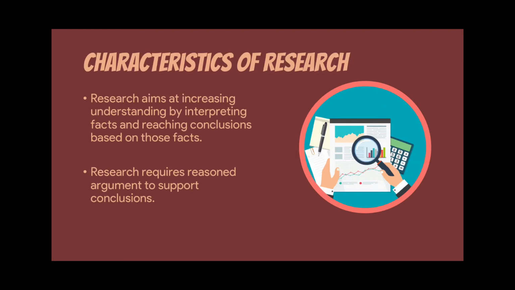So next, research aims at increasing understanding of a phenomenon by interpreting facts and reaching conclusions based on those facts. So we collect facts in research. We're going to be collecting data via a survey or via interview or via observation. And then in quantitative research, in order for us to analyze the data, we're going to use statistics.